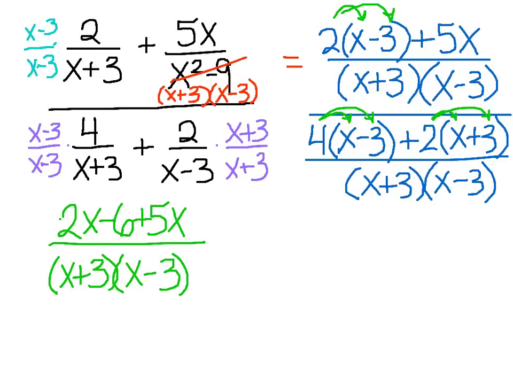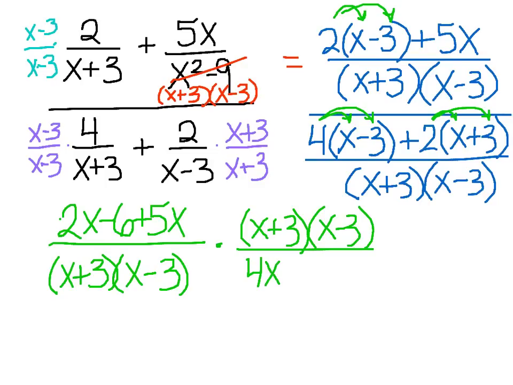And then because it's division of a fraction, I'm going to keep change, multiply to the reciprocal, which is x plus 3 over x minus 3, all over 4x minus 12, because 4 times negative 3 is negative 12, plus 2x plus 6. Now we can see that x plus 3 and x plus 3 are going to cancel out. x minus 3 and x minus 3 are going to cancel out.